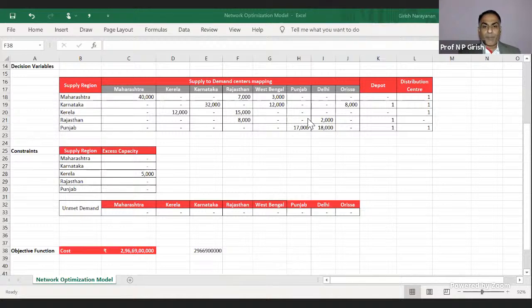Okay. Can we now, what do you think? This is the ideal solution. This is the optimum solution. There's excess capacity in Kerala, right, of 5,000.